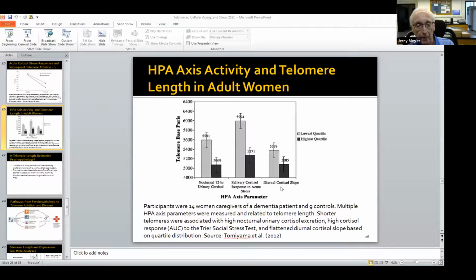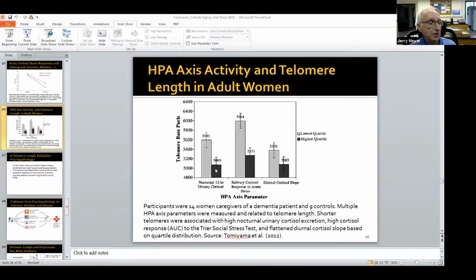Going now back to the HPA axis, we can ask whether there's a relationship between HPA axis activity measured in other ways, apart from stress responsiveness, that we looked at a moment ago. A little bit older study looked at this in adult women. This was a small N study, so really kind of a pilot study.